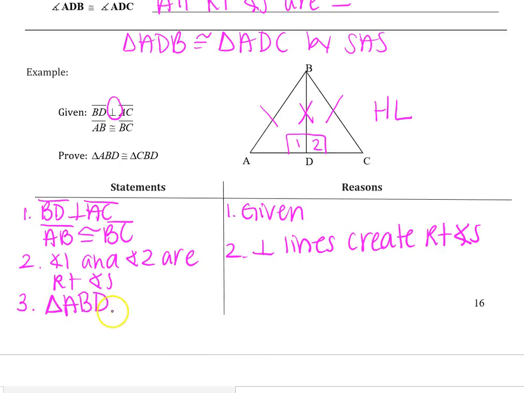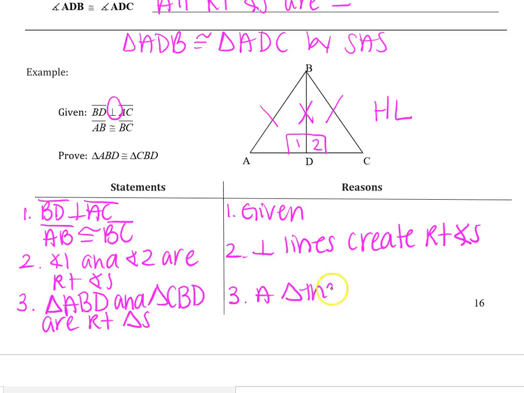So triangle ABD and triangle CBD are right triangles. And that's because a triangle that contains a right angle is a right triangle.